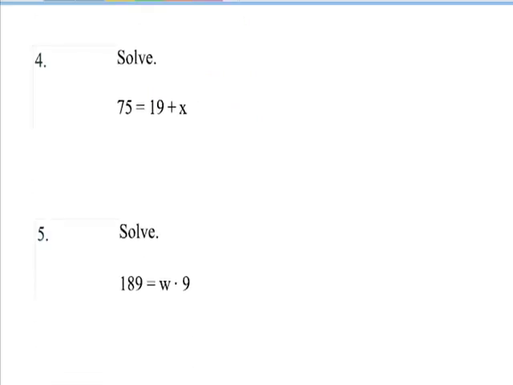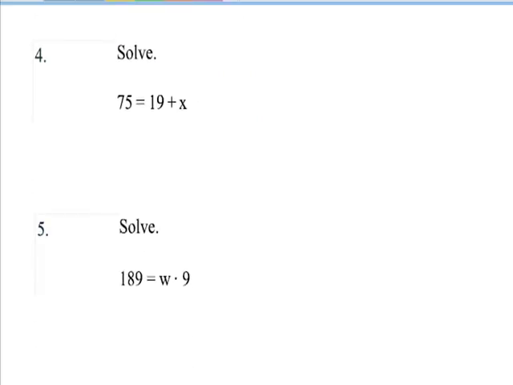Let's look at number 4. And for each one of these, I'm going to give myself some room. All right, how about my barrier where my equal sign is? Focus your attention over here on the right because that's where the x is. If the x is on the left, you look at the left. If the x is on the right, you look at the right. There is a 19 I need to get rid of.